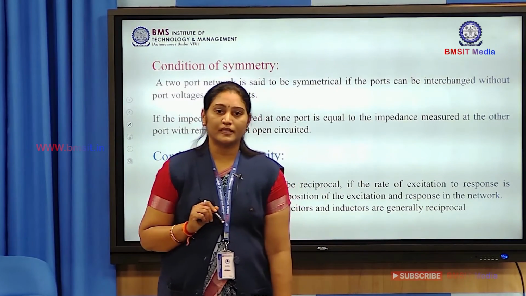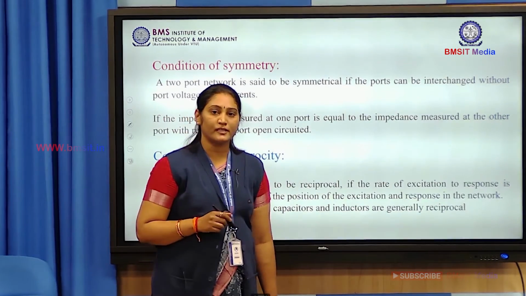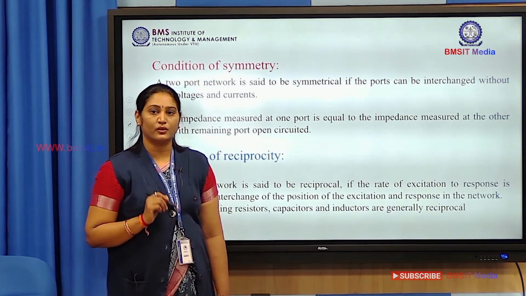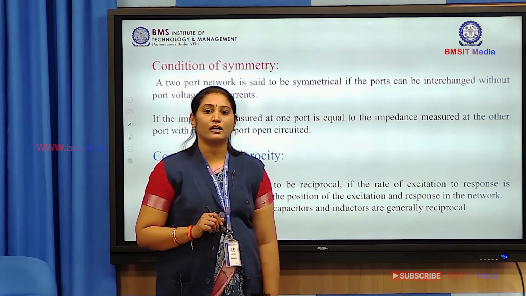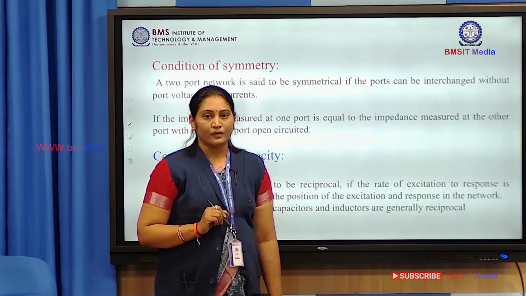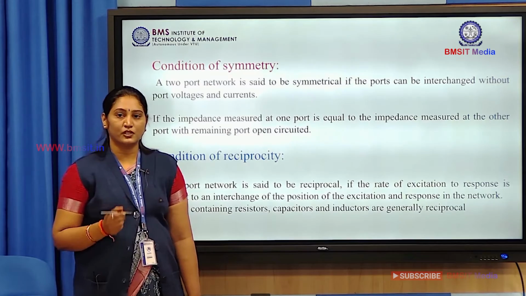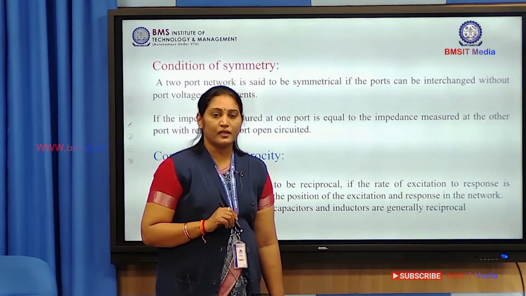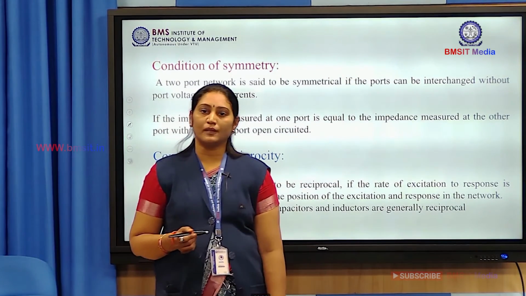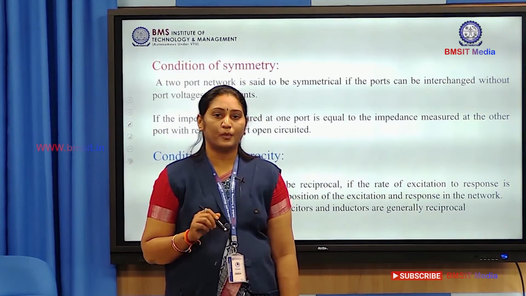Then that network is called a symmetrical network. So if the impedance measured at one port is equal to the impedance measured at the other port, with the remaining port open circuited.